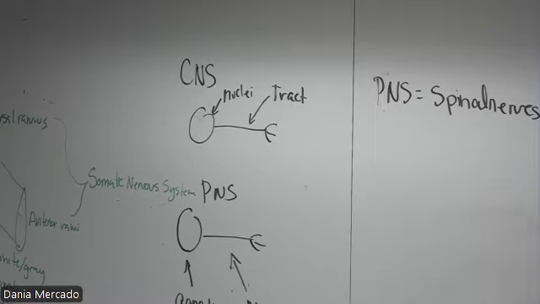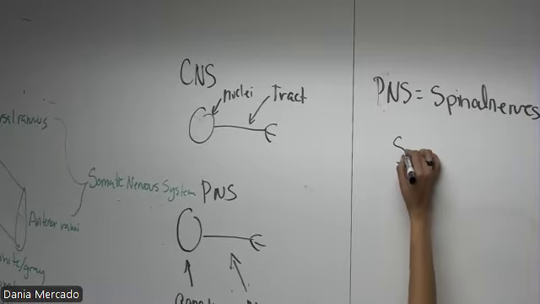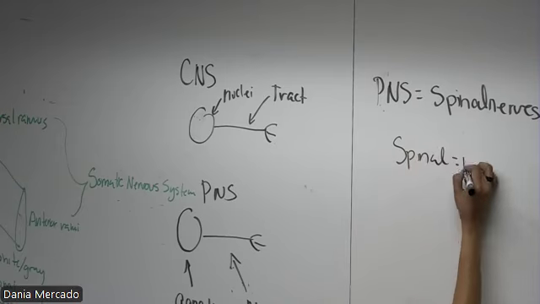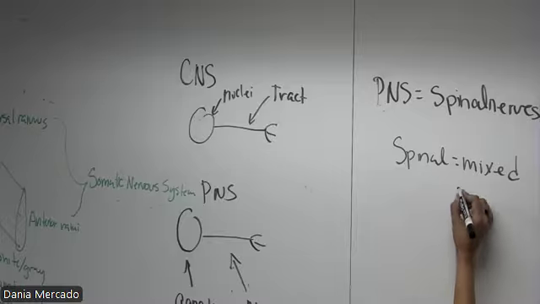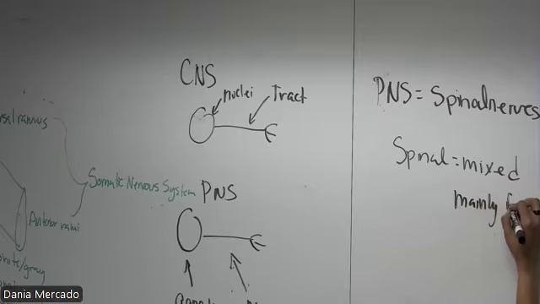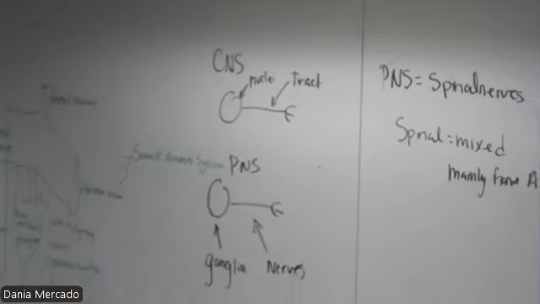Your spinal nerves are going to be mixed nerves, meaning they have sensory and motor, and they are mainly formed from anterior rami, right? Anterior rami. When those anterior rami come together, we make our plexuses, or plexi, I don't know, plexus.